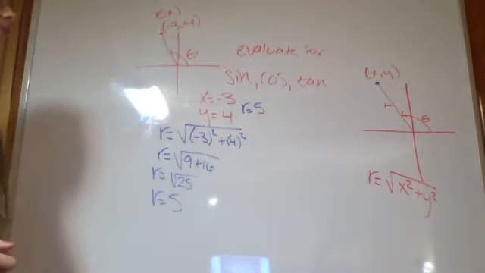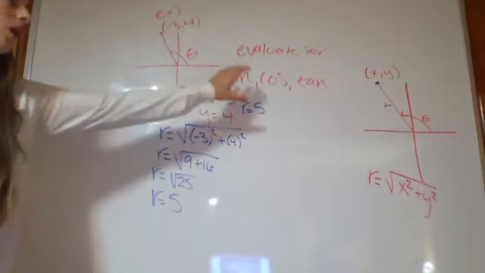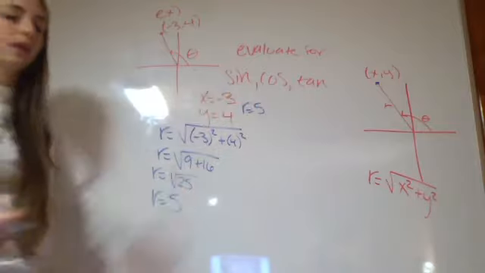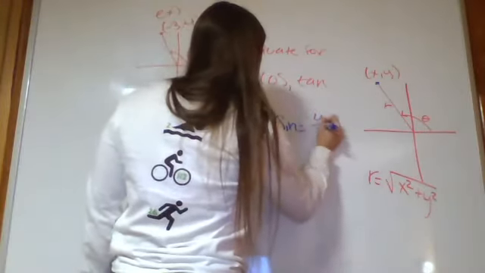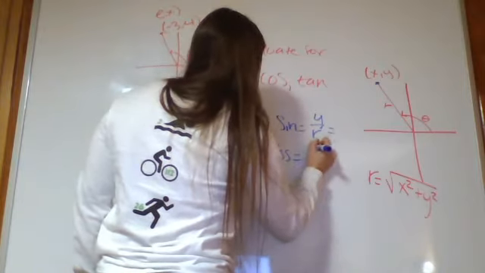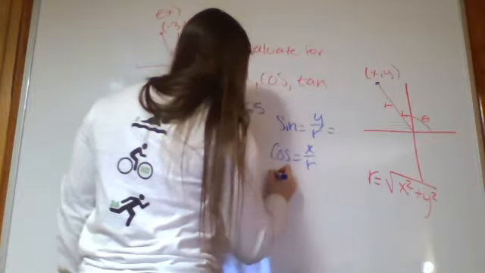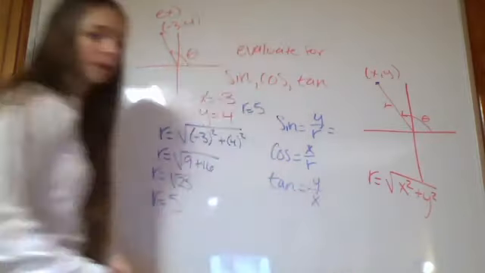Okay, so now I have to just basically fill in what I know with that chart that I gave you before. So again, sine equals y over r. Cosine equals x over r. And tangent equals y over x.